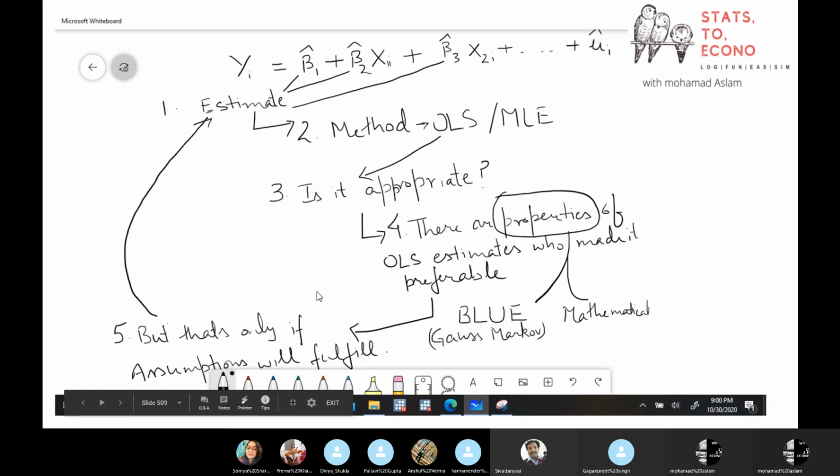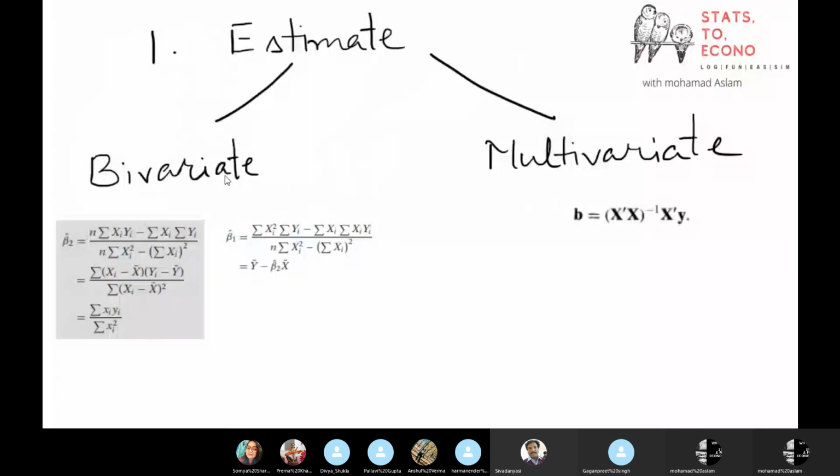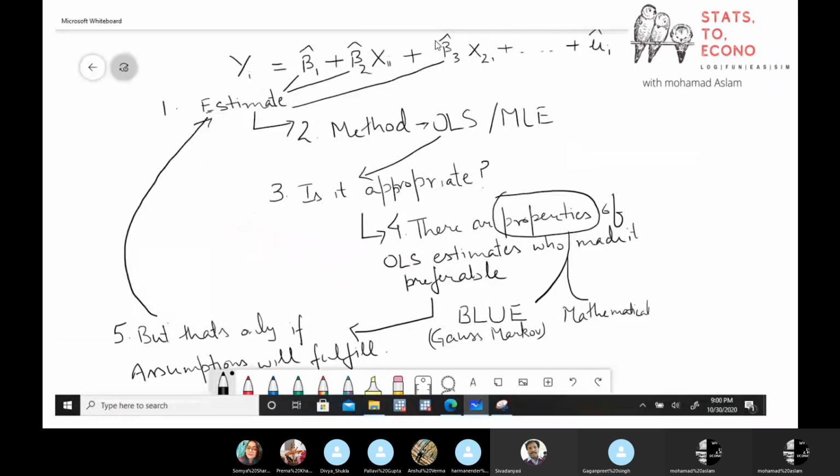This is the process by which we study these models and the estimation methods. So far, we only did the estimation, right? That is, the derivation for the bivariate and multivariate models, and how we find the estimates, the beta coefficients of your independent variables.